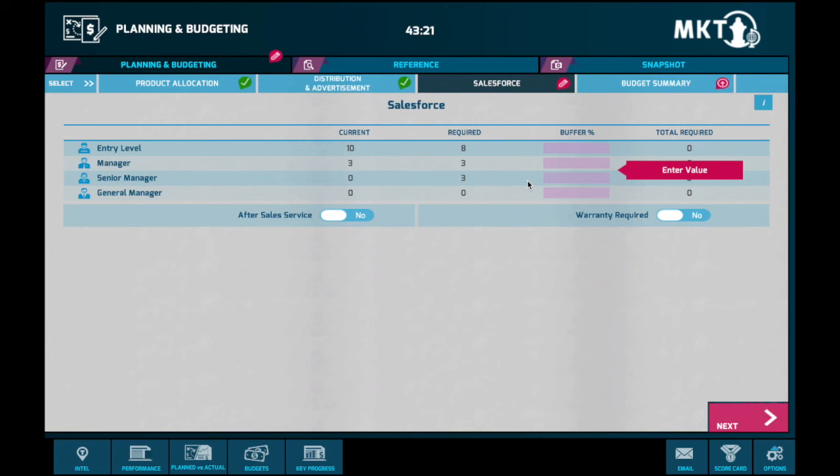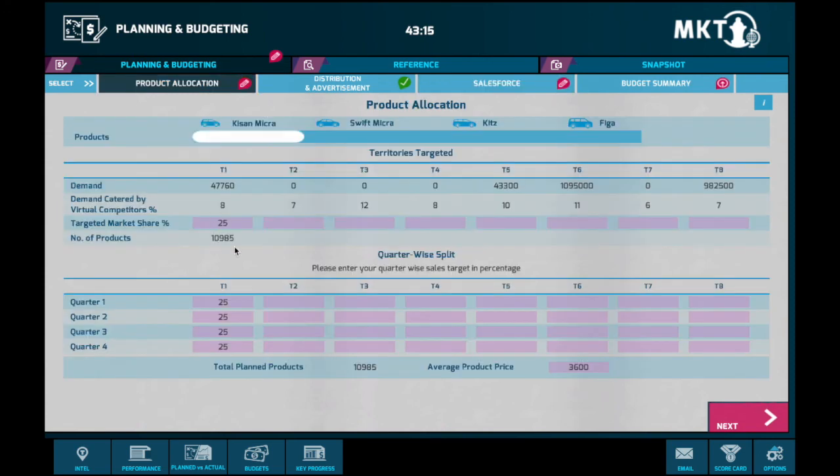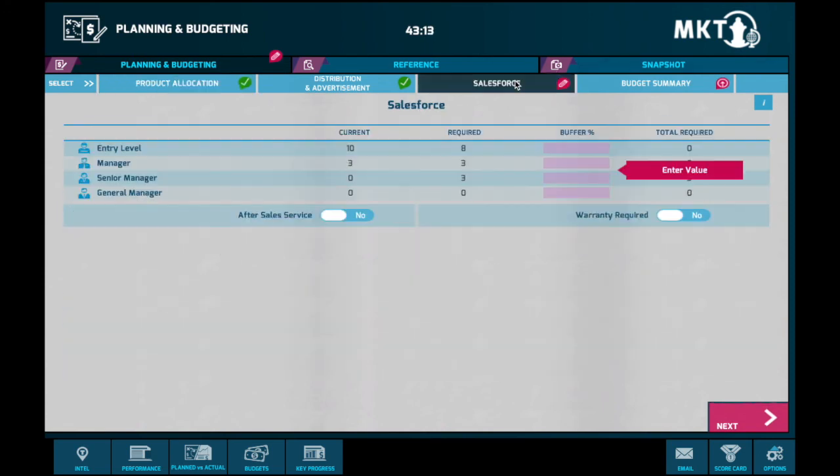Now, the system automatically computes the number of required sales force based on the products that we intend to sell. The current column gives you information about the available sales force who are currently present in your department, and the required, as I said, is computed.